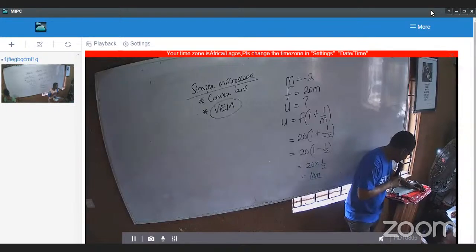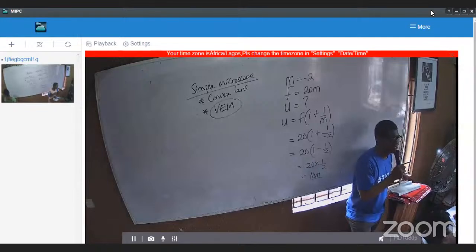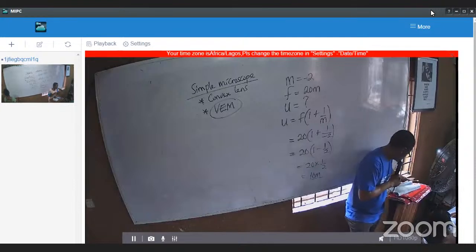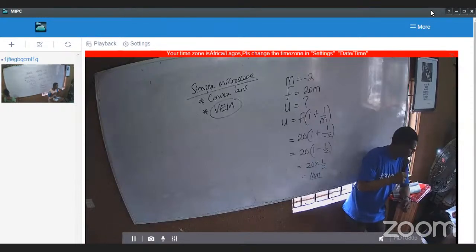If F is the focal length of the projection lens: option A, less than F. Option B, greater than 2F.